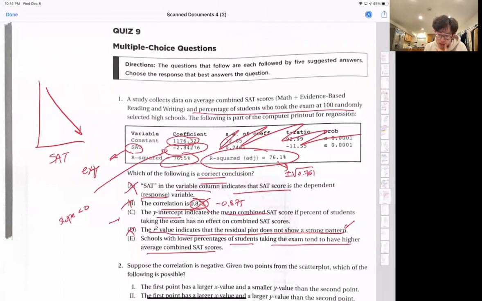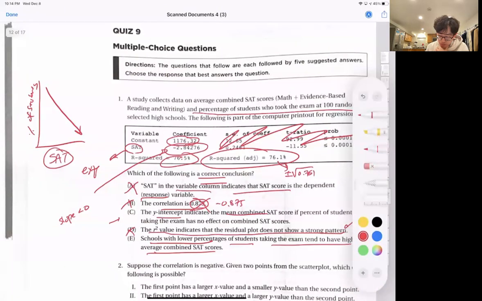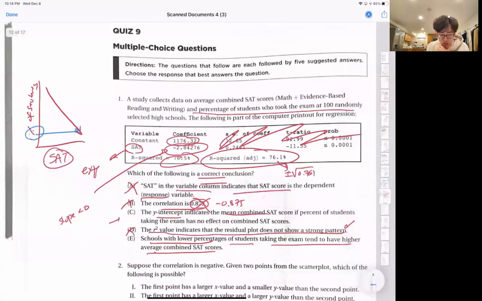So I'm assuming that this is SAT scores and this is the percent of students who took it. So the schools with lower percentages tend to have higher average SAT scores. Okay, that makes sense, because if we're talking about here, this is low percentages, but then your SAT scores is high, versus when you have a higher percentage of students who are taking it, you have a low average SAT scores. So this is a general trend of the idea of what you're looking at.